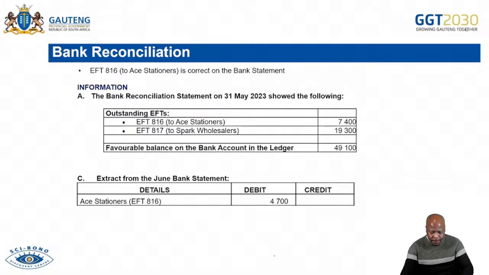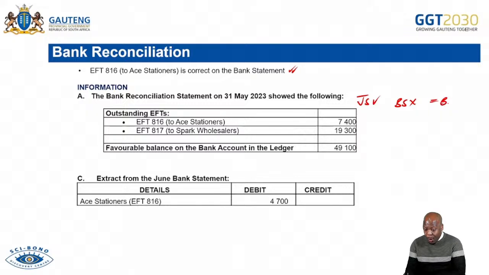The next one then reads, EFT 816 to Ace Stationers is correct on the bank statement. Okay, so we have an amount that is in the BRS. Why is it in the BRS? I'll keep saying this. It is in the BRS because we had recorded it in the journals, but it did not appear on the bank statement.